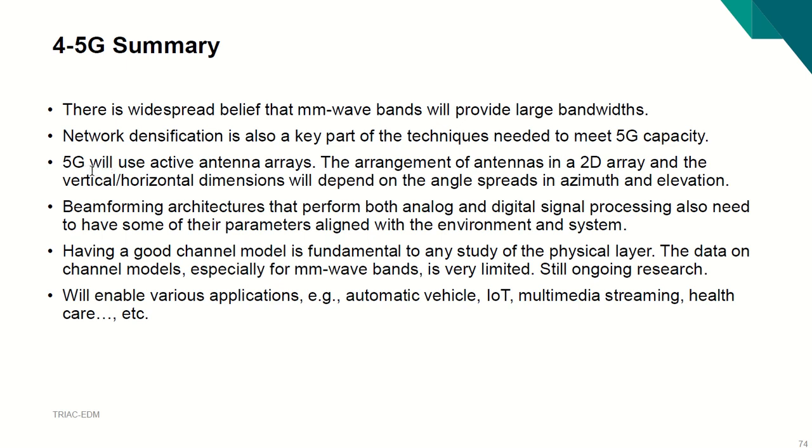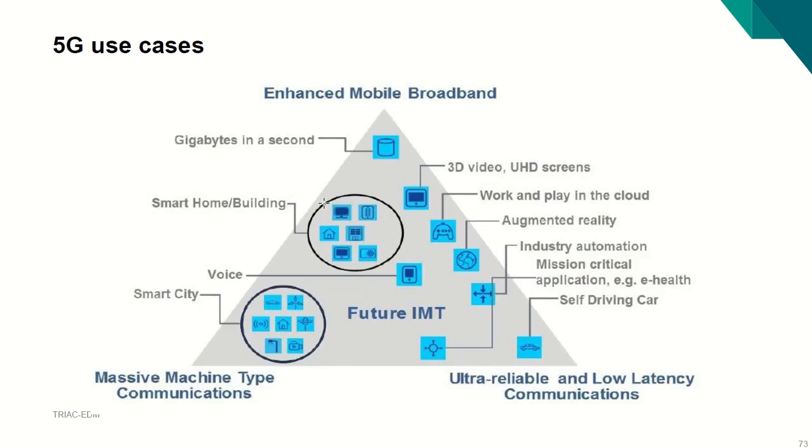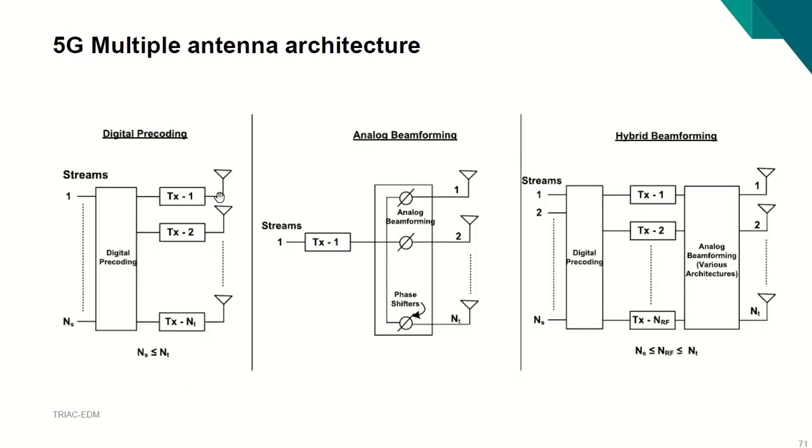And then 5G will use active antenna arrays. The arrangement of the antennas in the 2D array and the vertical and horizontal dimensions will depend on the angle spreads in azimuth and elevation. So this is kind of the beamformer. If we go back a little bit, what those analog beamformers are doing is trying to do the phase shift and also the amplitude so that combined together it forms a beam.